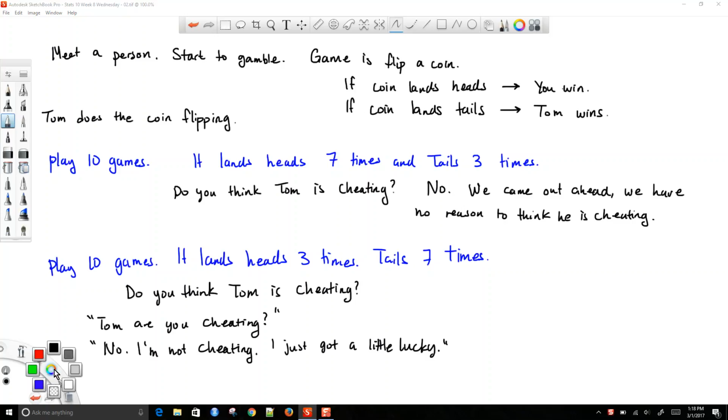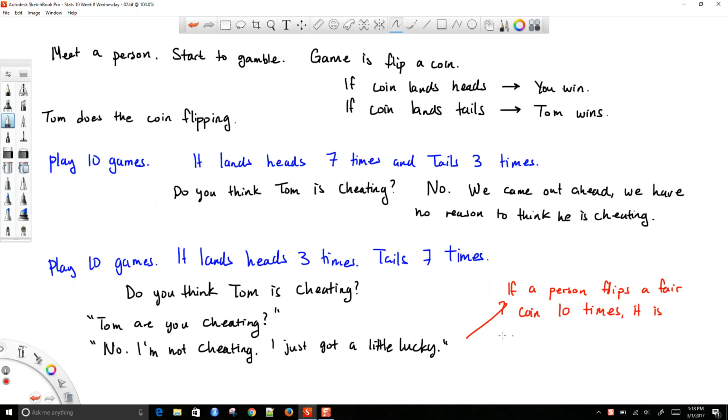So what we say is that if a person flips a fair coin 10 times, it is very possible to get 7 heads or 7 tails.